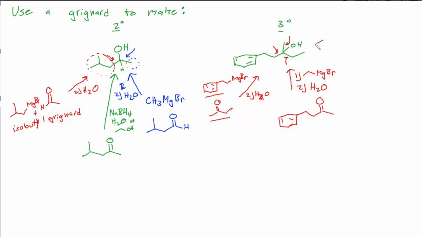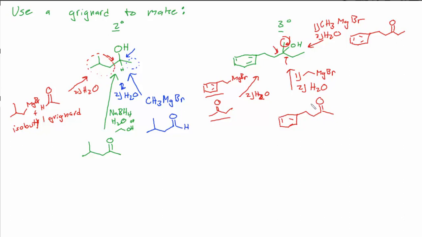And lastly, I'm sure you figured out already, we could add methyl Grignard. And that would add this methyl group right here. And the ketone starting material would be this.